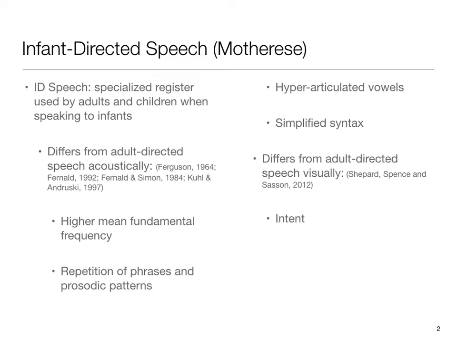They could tell which intent: they're trying to approve of a baby, they're trying to comfort a baby, or they have a neutral intent. They could also distinguish between infant-directed and adult-directed speech in terms of movement. So not only does it differ acoustically in how we speak to infants, but our facial features differ as well. That's a newer area that we're just starting to understand more about, and how it contributes.